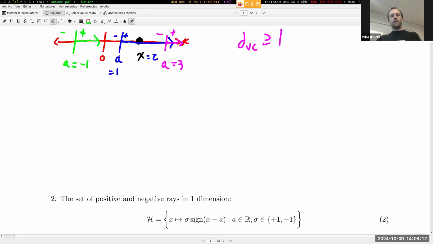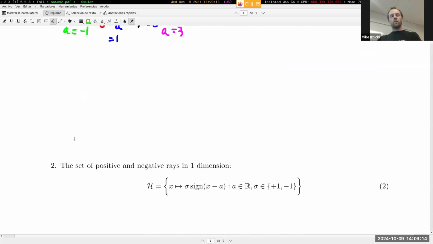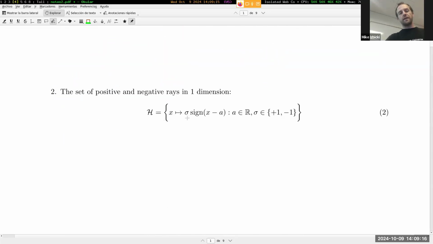The difference between problem 1, part 1 up here, and part 2 down here is, again, the addition of a sigma. There's a very common pattern when designing hypothesis classes: in order to be able to flip your sign in either way, you add one of these sigma variables, which is +1 or -1. And this sigma lets you flip the direction of that classification.